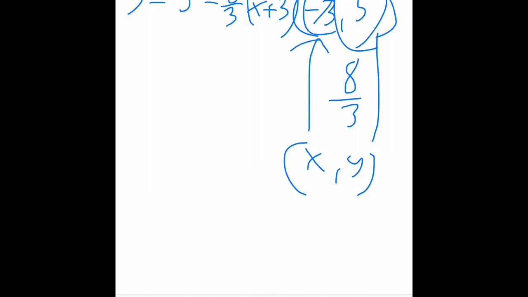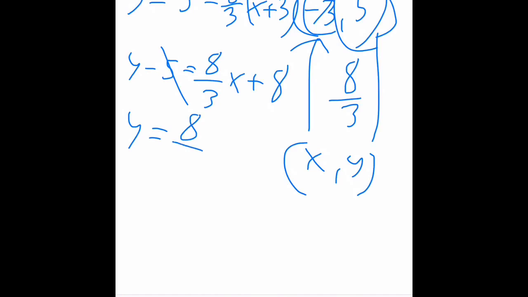So once you have y minus 5 is equal to 8/3, you'd distribute to the x and the 3. So x plus 8, and then you would subtract 5, so y equals 8/3 x plus 13, and that's your answer.